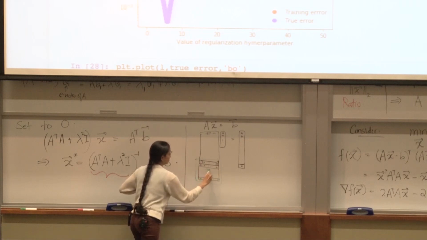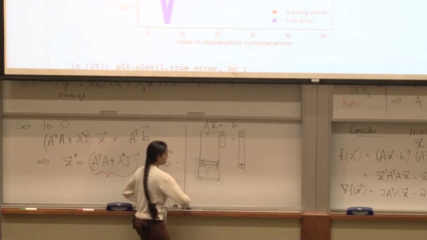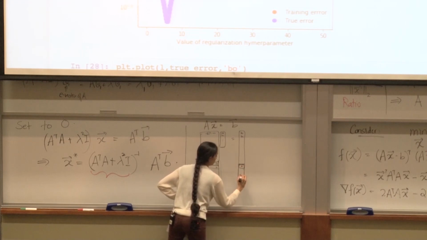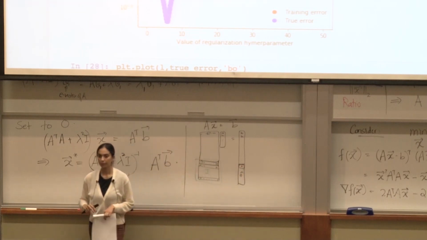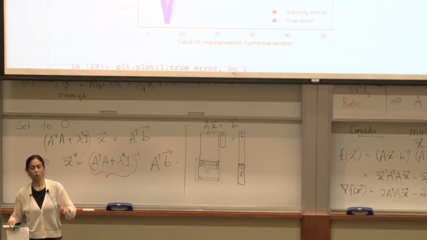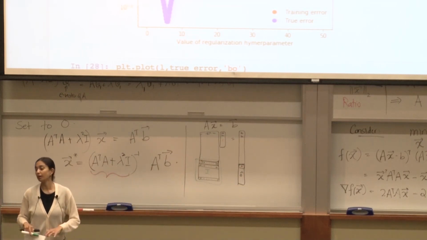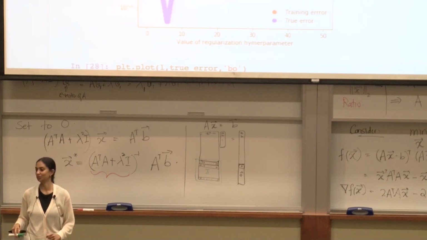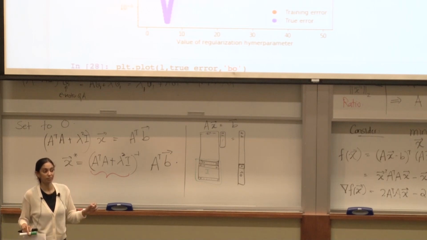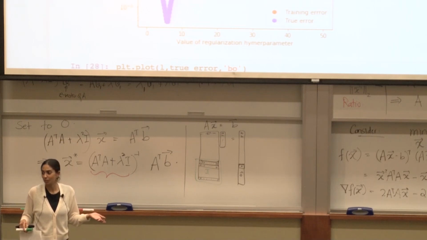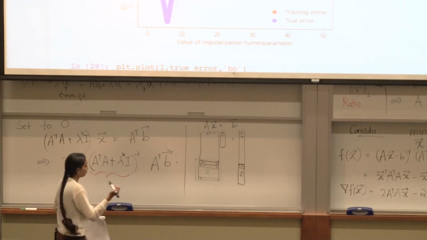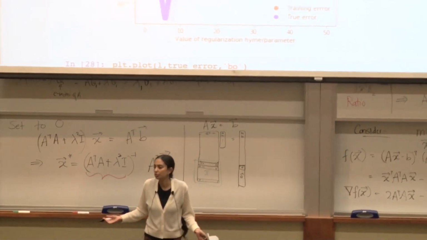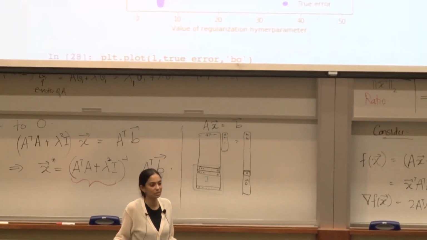This could be identity, and I could add a column of zeros here. What if I was really, really confident that everything was 0? I could tell you that 10 billion times x is also close to 0. Or if I was not really that confident, I could tell you that 10 to the minus 6 times x is close to 0, or 10 to the minus 1 times x is close to 0.